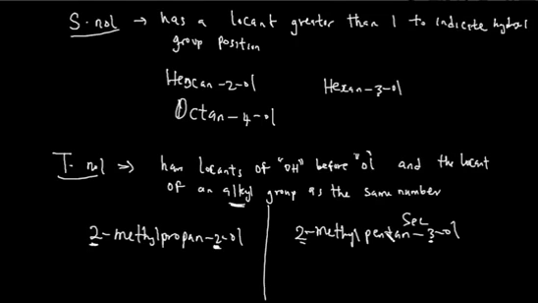Should I give you another one? Look at this one. Imagine I write 2-chloropropan-2-ol. Is this secondary or tertiary? Tertiary? Why is it tertiary? Because the number of the alkyl... this is not alkyl, that's my problem.